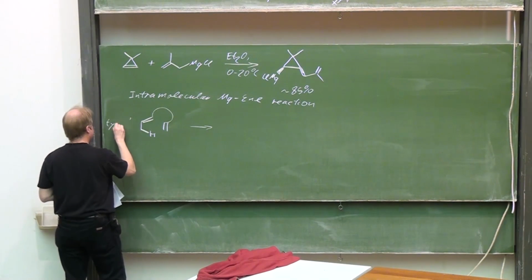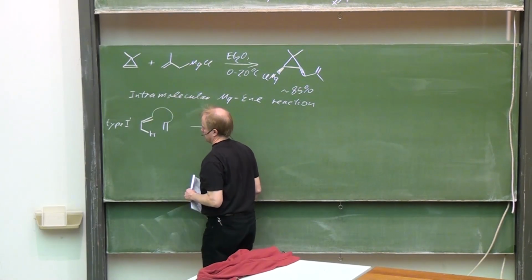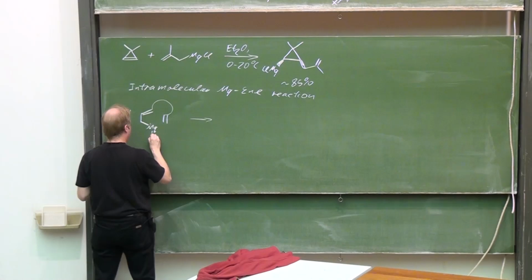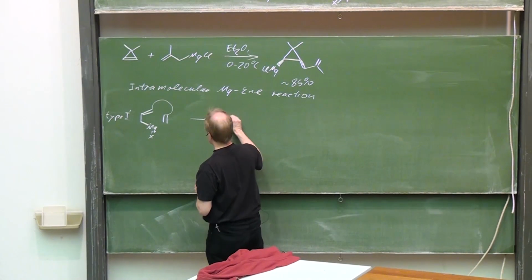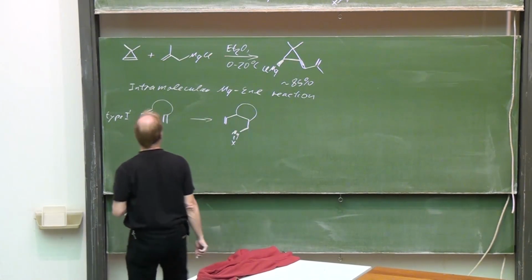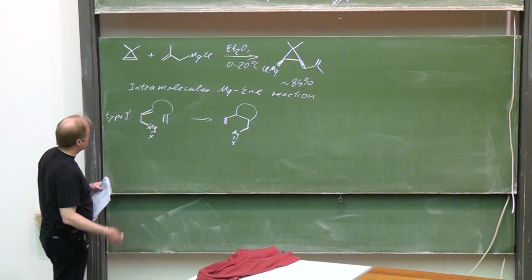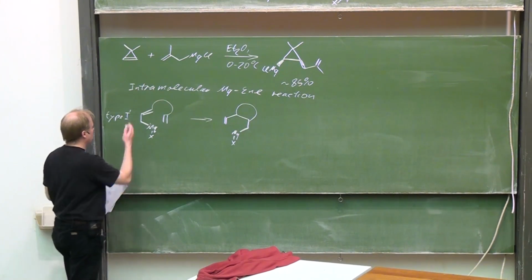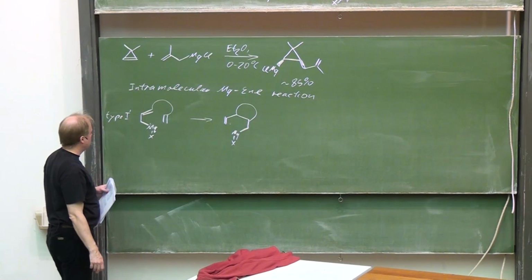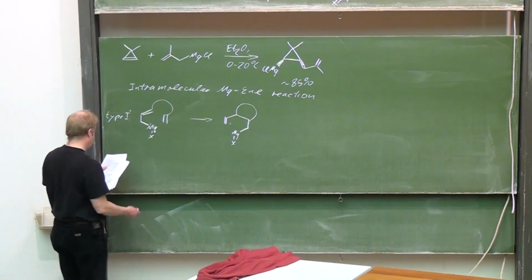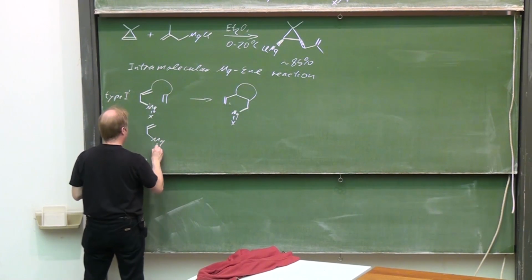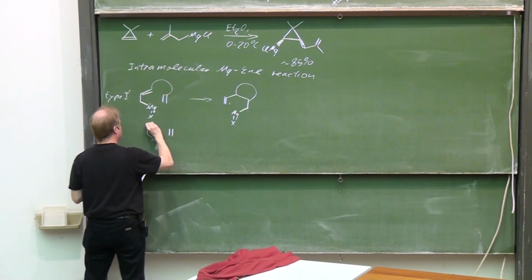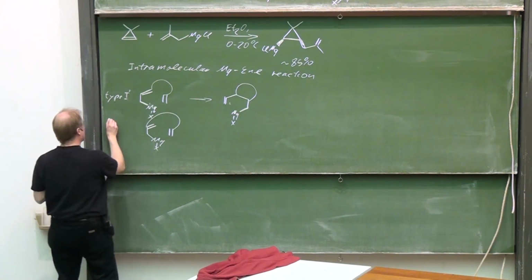Type 1, a ring closure reaction occurs and all olefinic parts are oriented exocyclic. This is type 2.